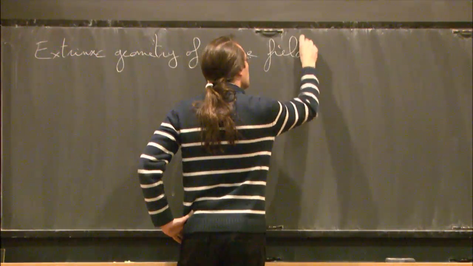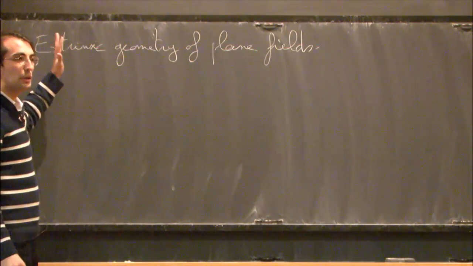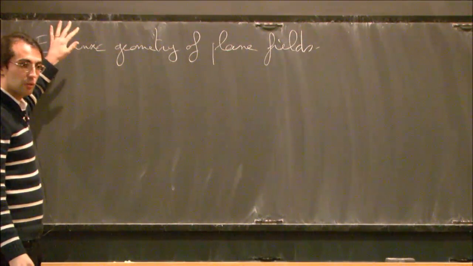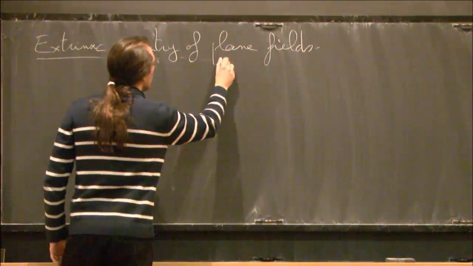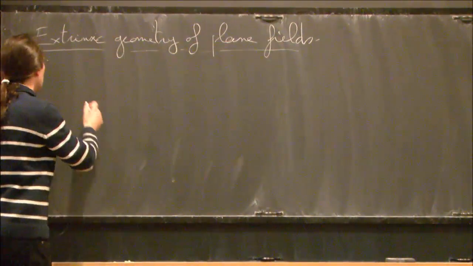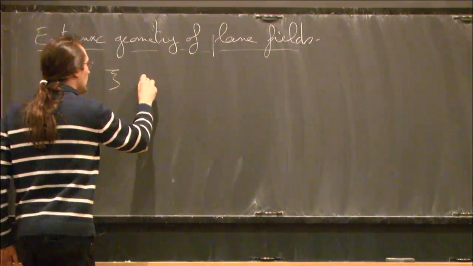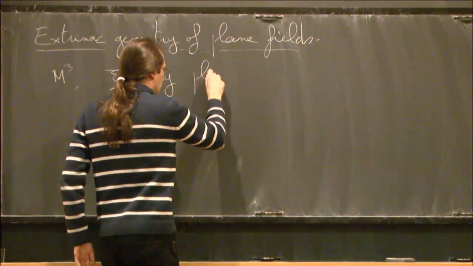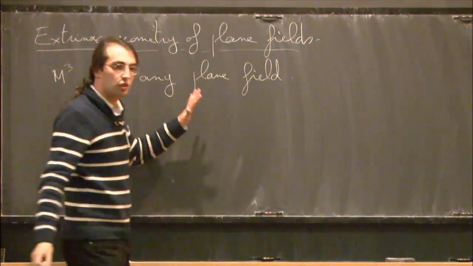I think this is due to nobody in particular. Many people came up with what I'm going to discuss right now independently. So here, still I have a three-manifold, and ξ is any plane field, but I will use the same convention as Thomas.